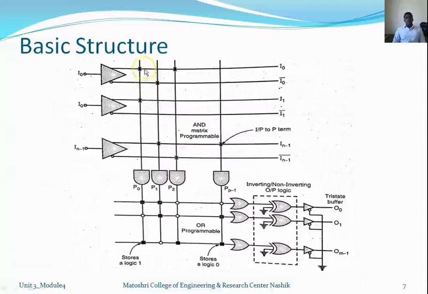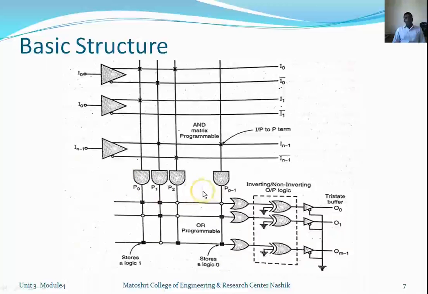The cross indicates that the data is generated in non-complemented form, and here the complemented data can be generated, which is also indicated by a cross. The output of the input buffer is indicated by the cross signs, meaning it can be programmed accordingly, and is given to the AND array.